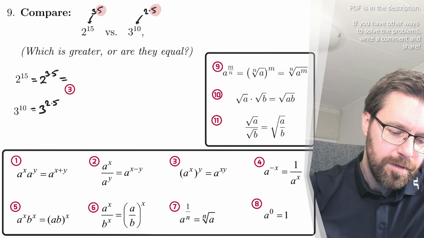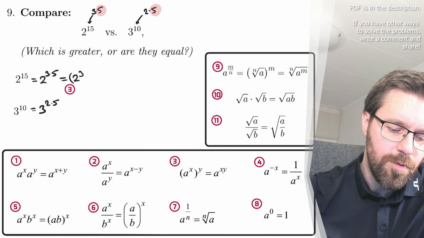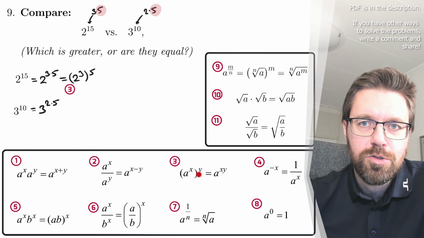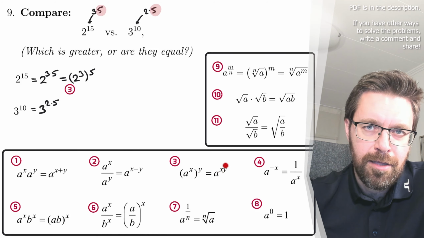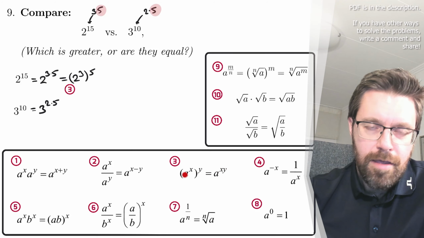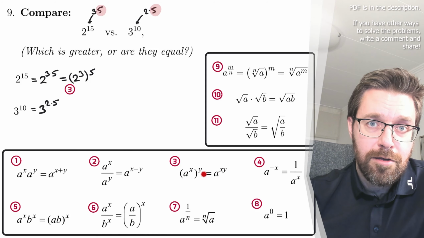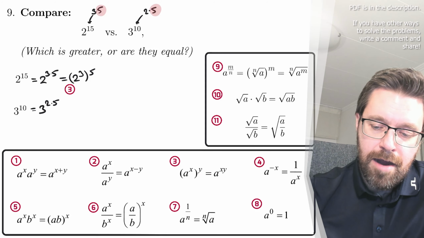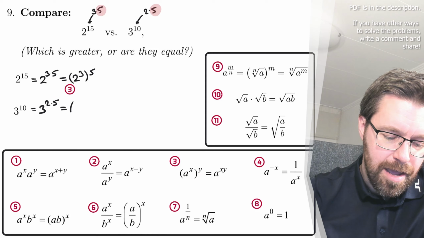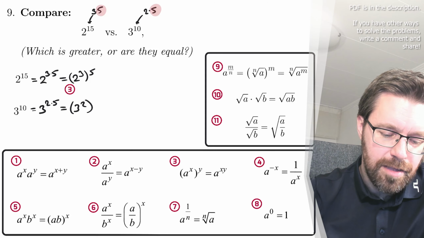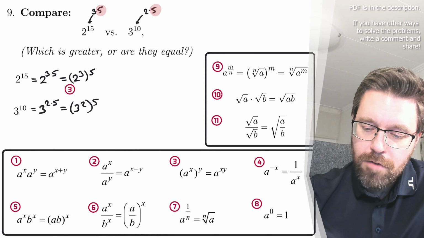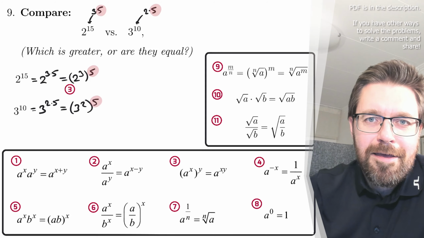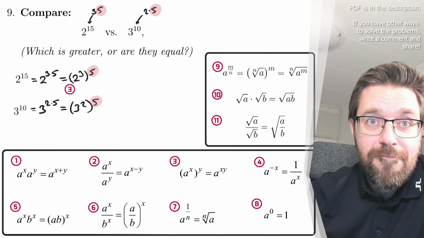The first one, 2 raised to the power of 3 and then raised to the power of 5, and I'm using rule number 3 from right to left, from a multiplication in the exponents to a power raised to another exponent. And the same thing here, I can rewrite it as 3 raised to the power of 2 and then raised to the power of 5. And now we have the same exponent in both powers, the exponent 5.